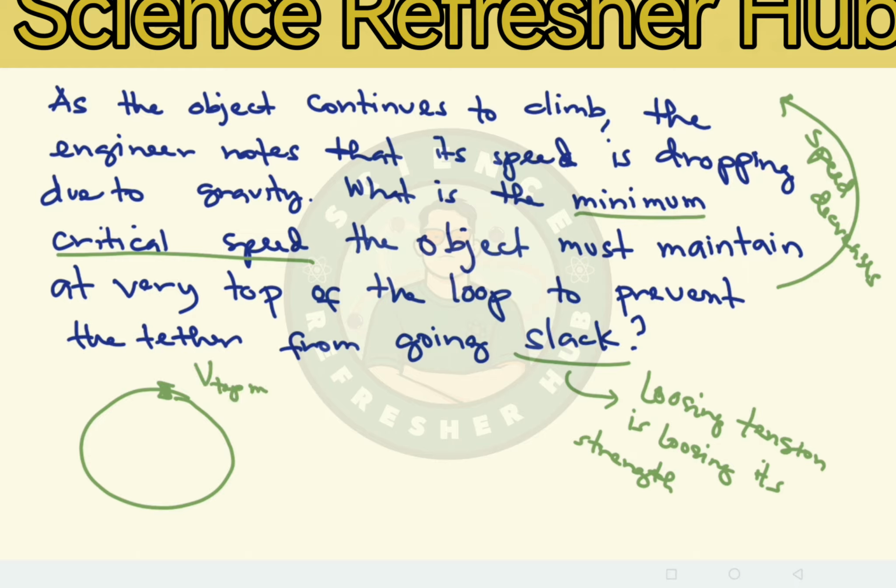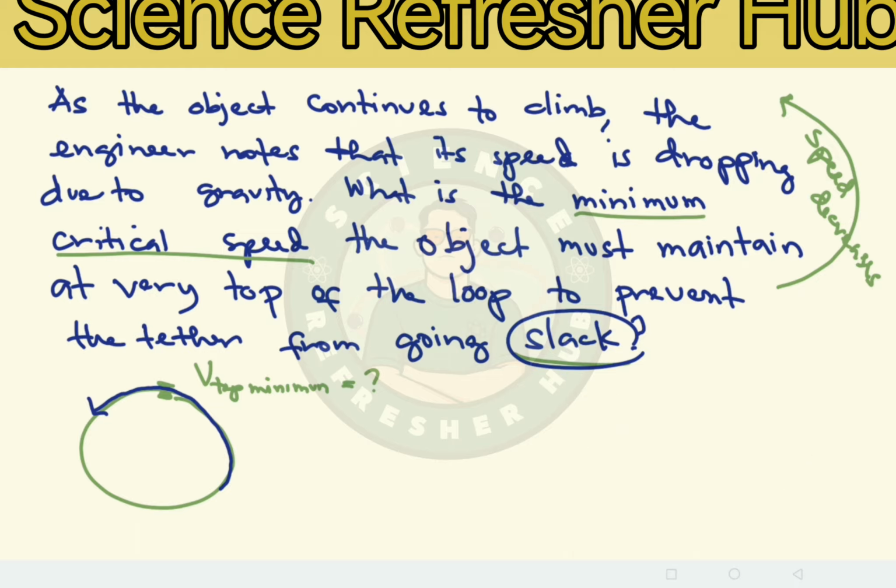What's the magnitude or the value of our top minimum speed that is needed in order for our object to fully pass the top of it without losing tension or going slack? Okay, so how are we going to answer that?